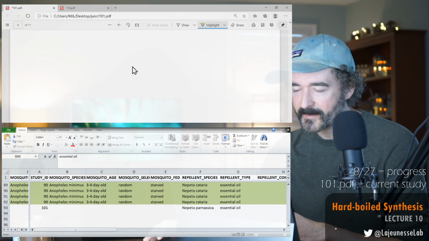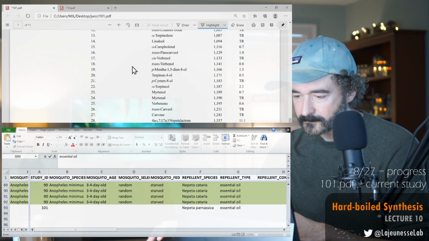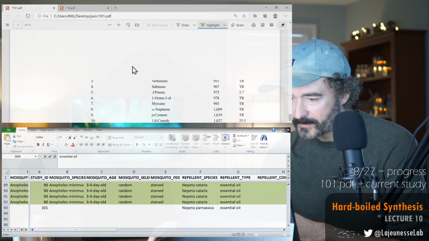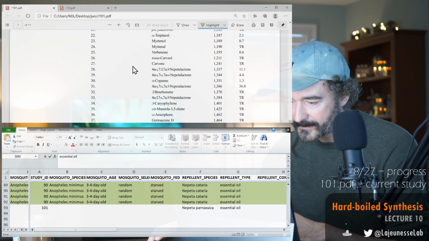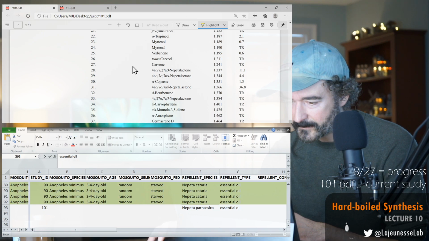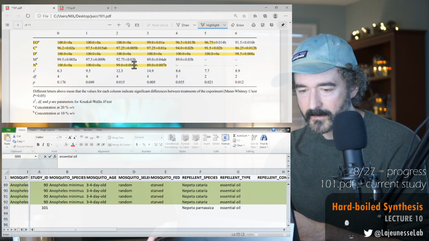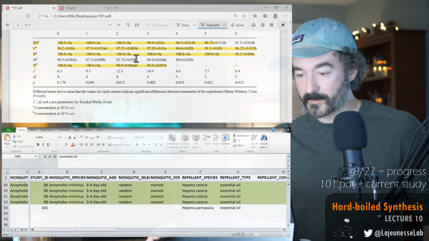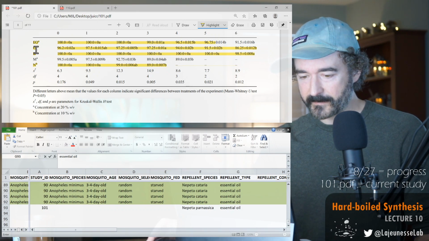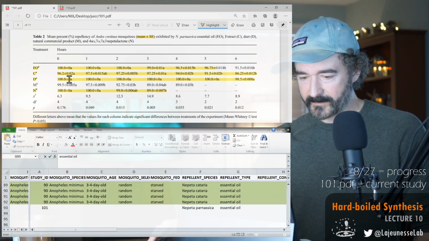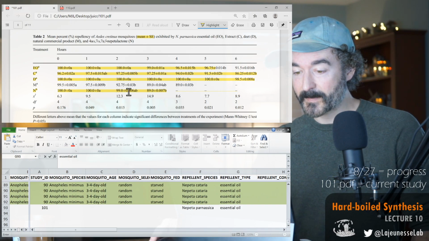I don't know if that's extracted from the plant. They just identified another compound in the plant. All right, whatevs. Not clear. I'm just going to skip it. So what I want to extract is the essential oil, DEET, and then the nepetalactone by itself.